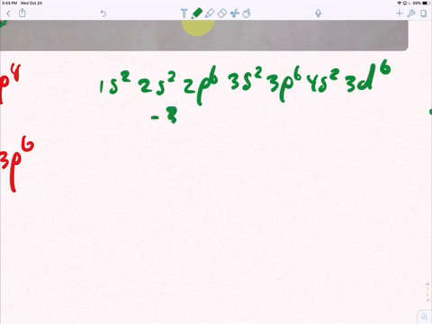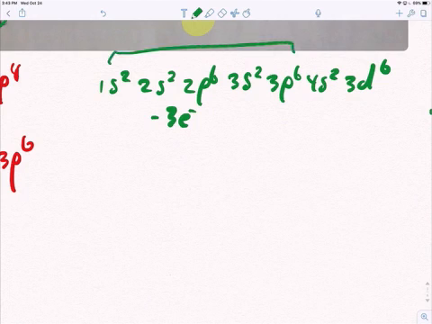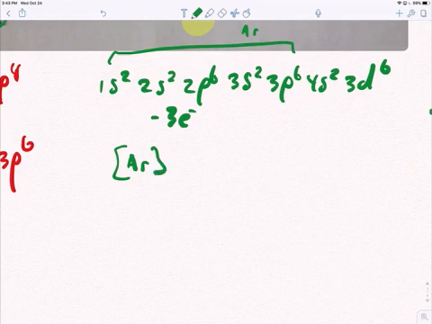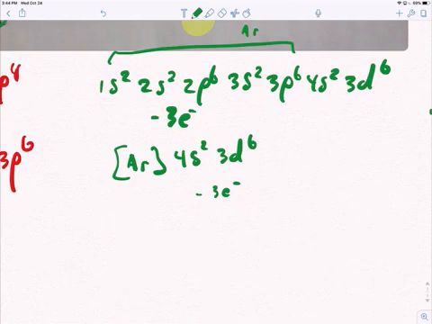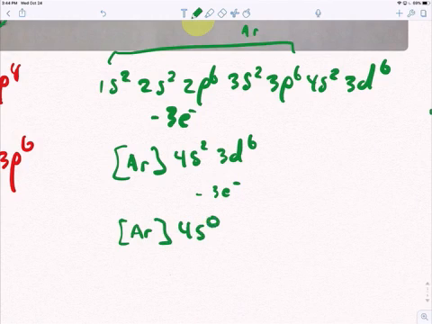And you lose 3 electrons, so it's going to be the same thing. This is argon's configuration: argon, 4s squared, 3d6, and minus 3 electrons gives argon, 4s0, 3d5.